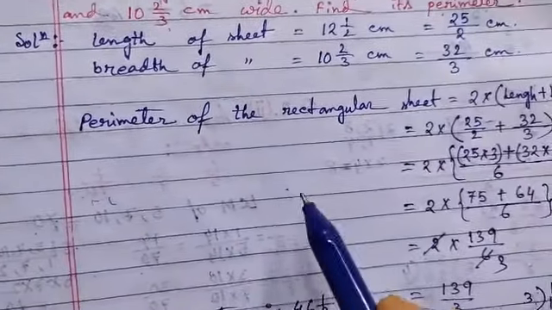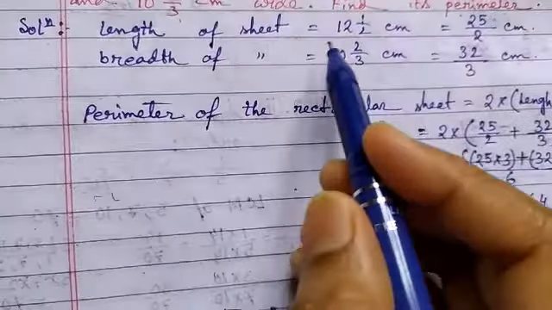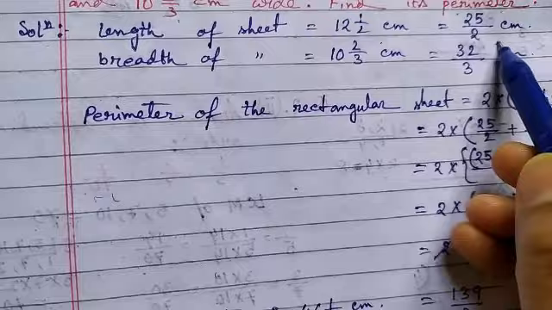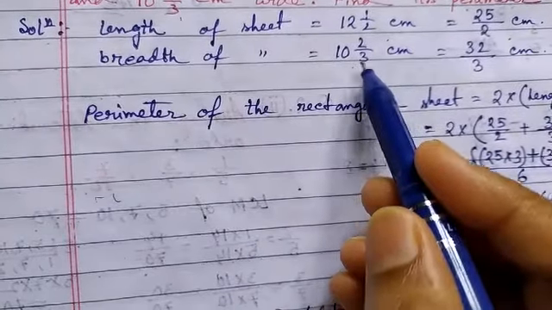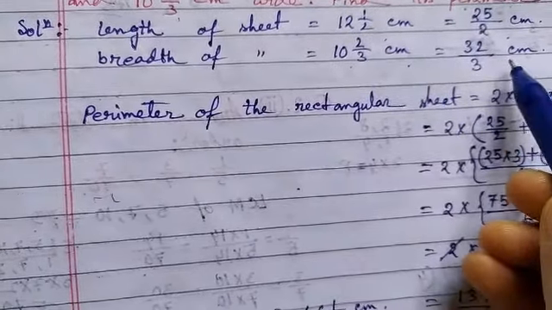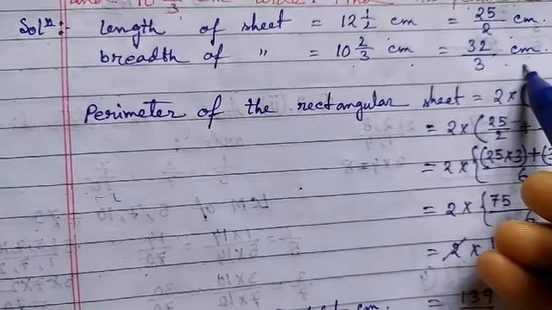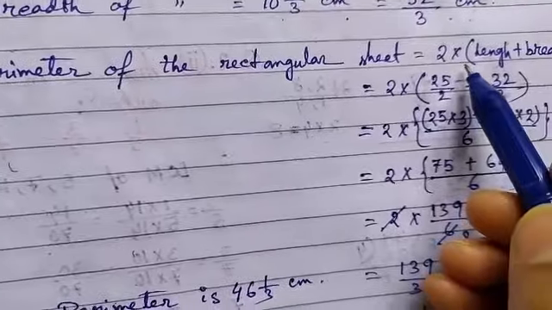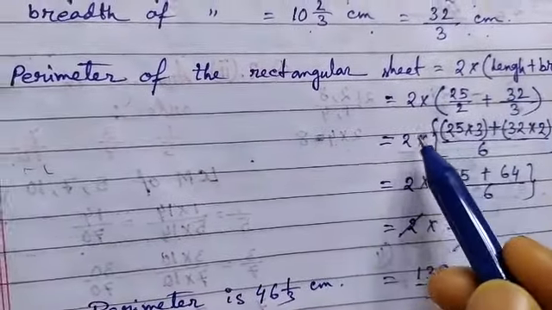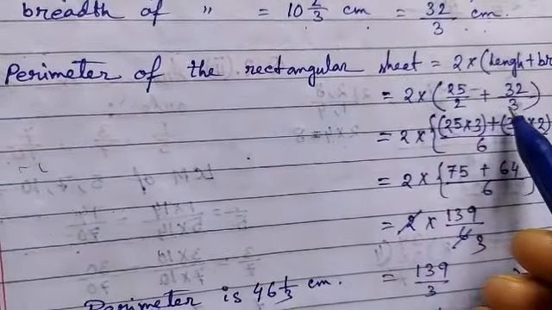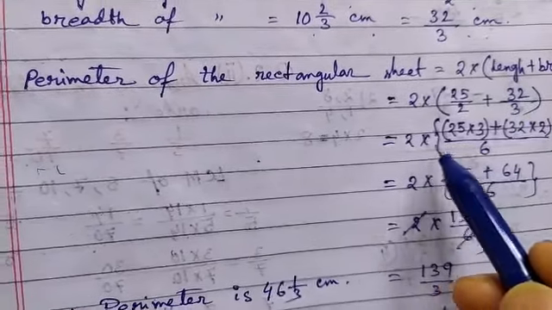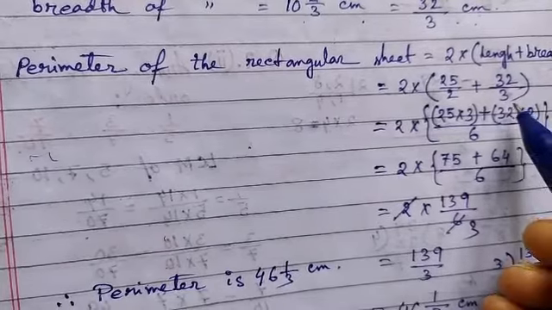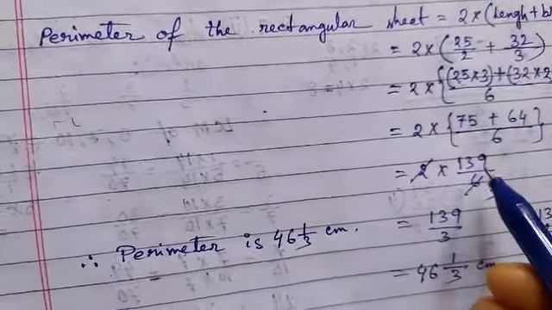Now come to the sum. Length of sheet, that means 12 whole 1 by 2 cm, is converted into improper fraction, 25 by 2. And breadth of sheet 10 whole 2 by 3 centimeter is converted into improper fraction, that is 32 by 3 centimeter. Now perimeter of the rectangular sheet is 2 into length plus breadth. Then I put here the values of length and breadth. Then 2 into 25 by 2 plus 32 by 3. Then same process, addition.